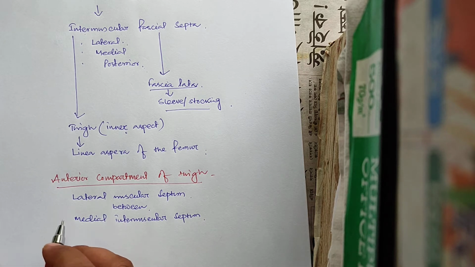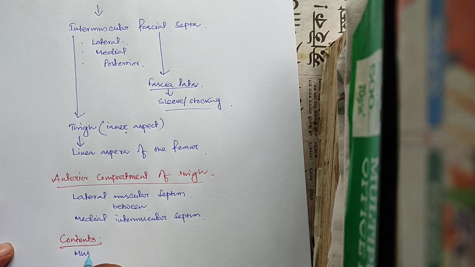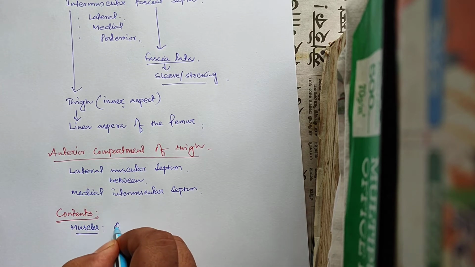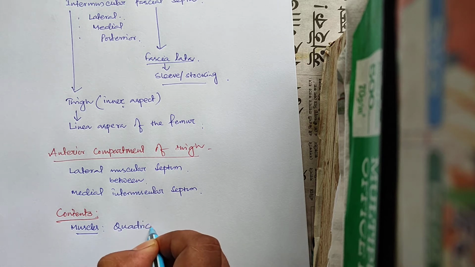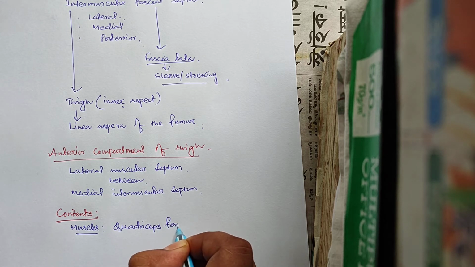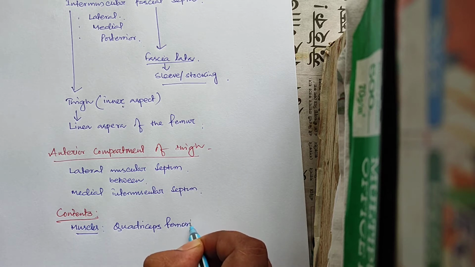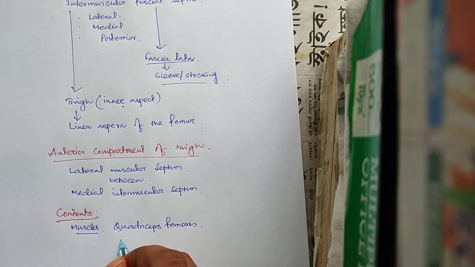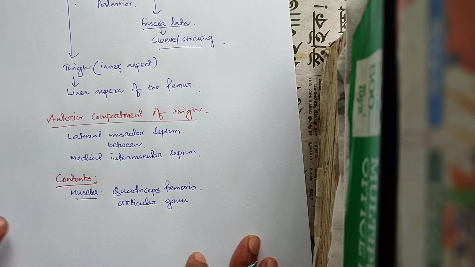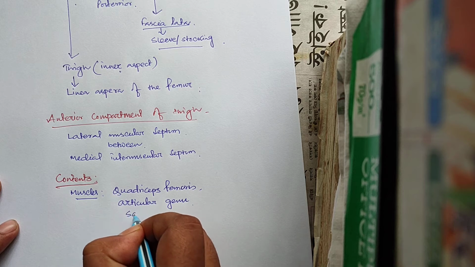Next, the contents of the anterior compartment of the thigh. First one is the muscles. Here these muscles are found: quadriceps femoris muscle, then articularis genu, then sartorius muscle.